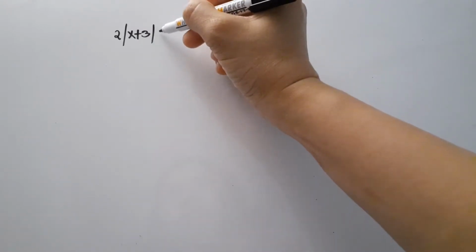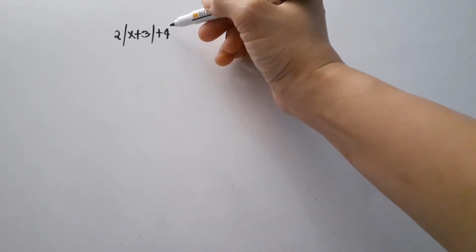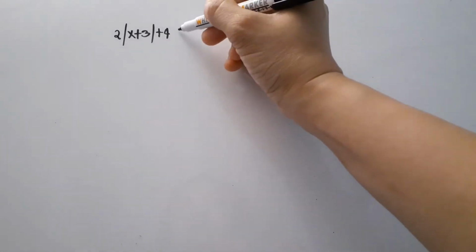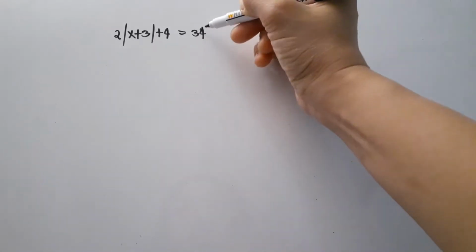Again, we have another example: 2 times the absolute value of x + 3, plus 4, is equal to 34.